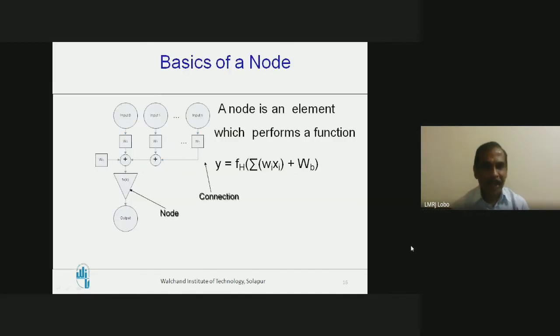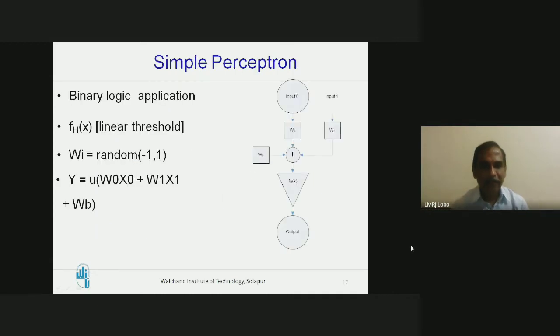Every node has input weights attached to it, so we get a weighted sum, and we add a bias to this mapping so that we generate our particular output. A simple perceptron either fires or does not fire depending on the output.